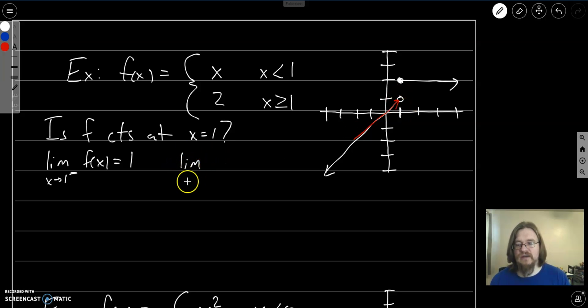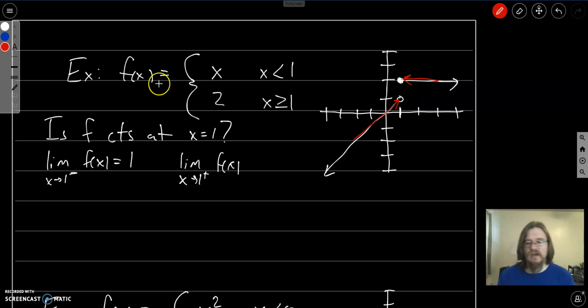If we're looking at the right-hand side, as we approach 1 from the right, we have this function, and we're coming over. Our function here is actually going to be at height 2. So right away, we can see that this is not continuous, and in particular, no limit exists.